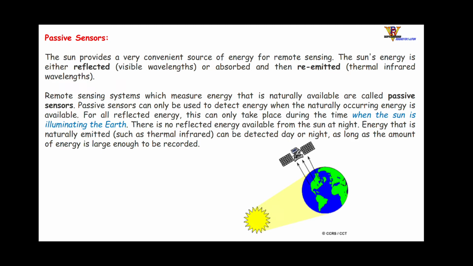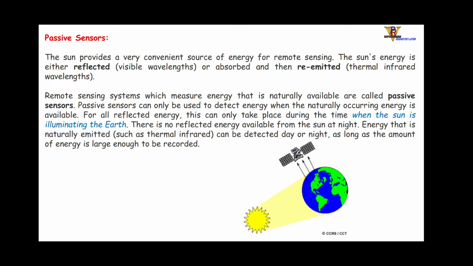But what happens when there is night? There is no reflected energy available from the sun at night. Energy that is naturally emitted, such as thermal infrared, can be detected day or night as long as the amount of energy is large enough to be recorded.